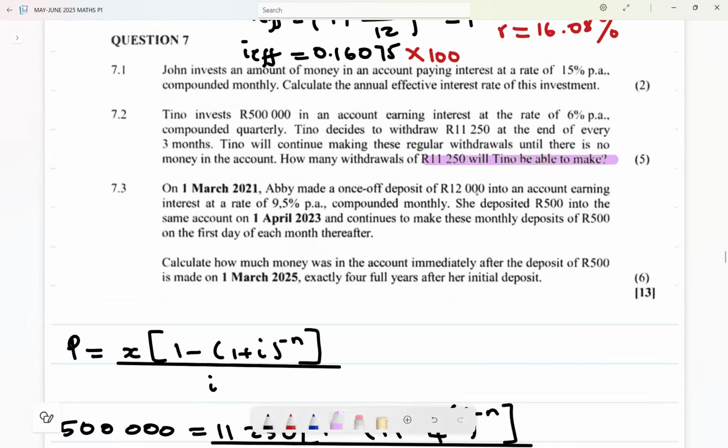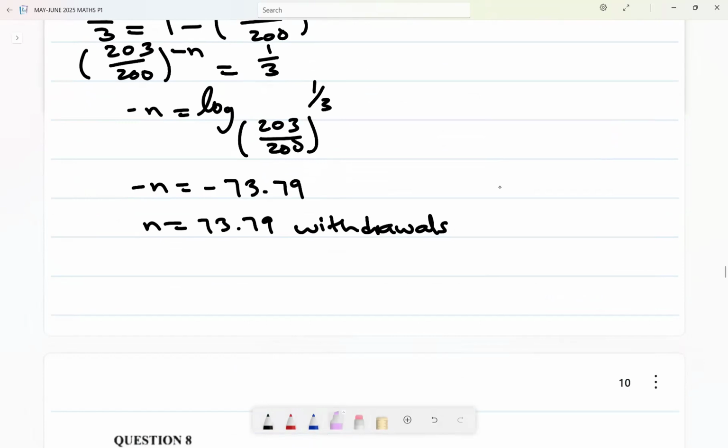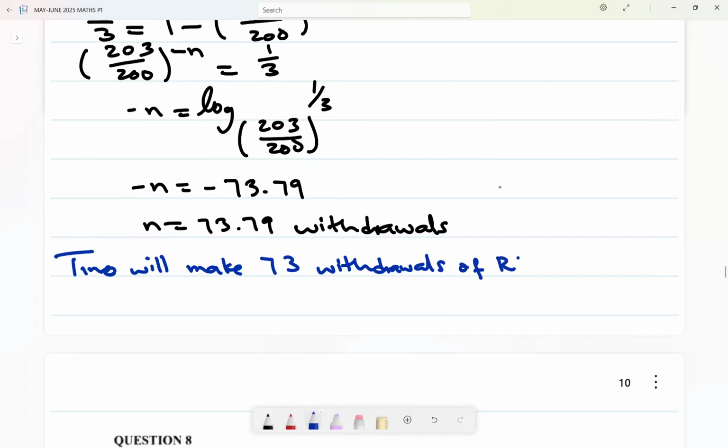Since it is 73.79, it tells you that Tino will make 73 withdrawals of 11,250. What about this 0.79? The 0.79 that is left.